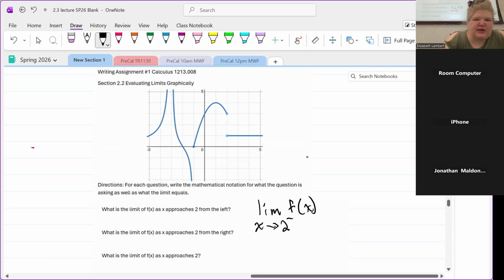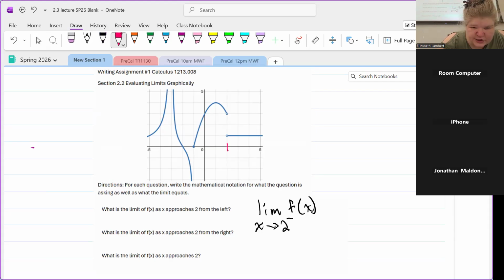And now we'll actually look at that. So here is our 2, and from the left side it's coming from this direction. So we want to see what the graph is doing. It's coming in and getting real close to a function value of 3.